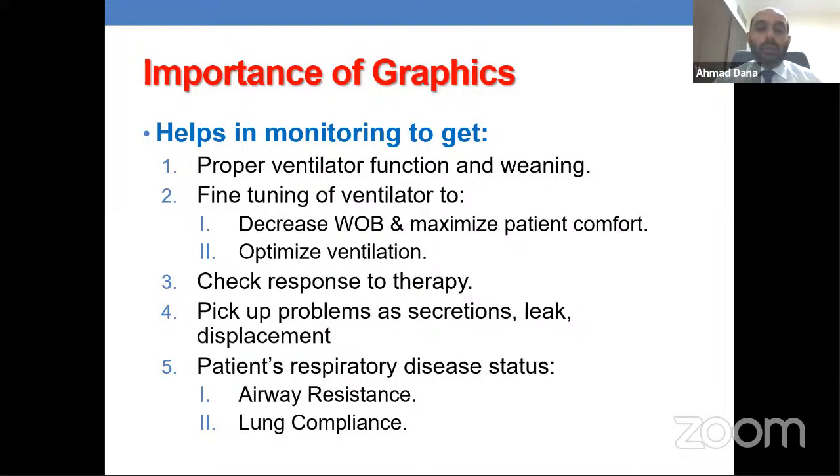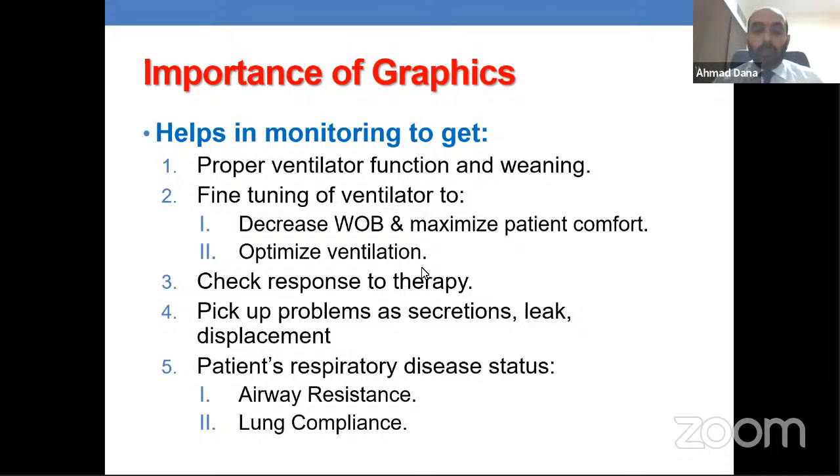And of course, the fine tuning to get the optimum ventilation function. Of course, if the baby is getting some therapy, we are going to talk about especially asthmatic patient, where you put the baby on a bronchodilator, you will see a real response with the graphics. Actually, it's like a pulmonary function test, but you do it in another way with the graphics.